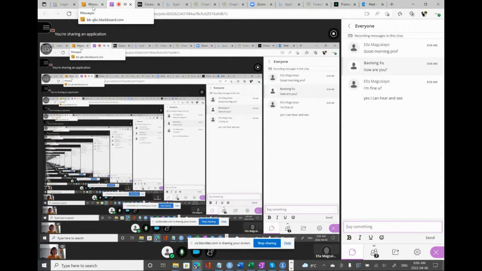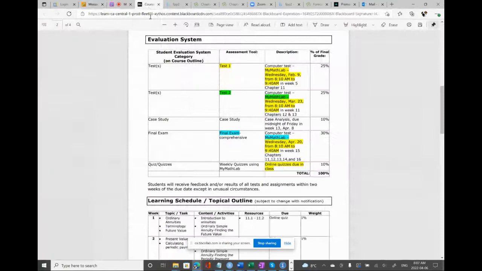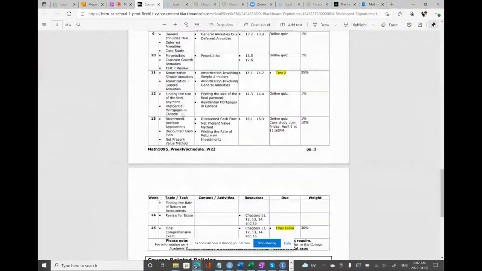Just a reminder that today is our last lecture. It is week 13. We'll go over chapter 16, session 1 to session 3. Chapter 16 is about investment decisions, discounted cash flow, net present value.